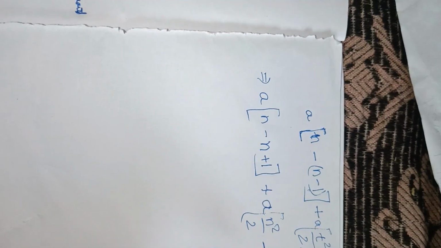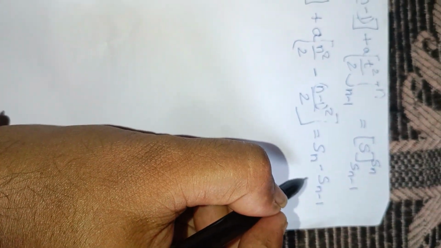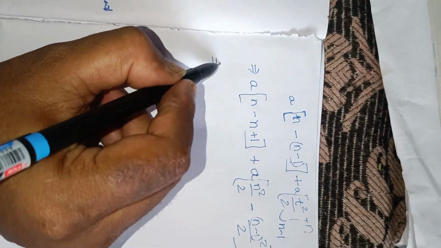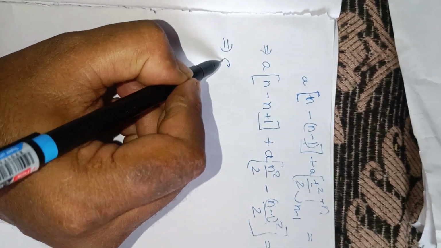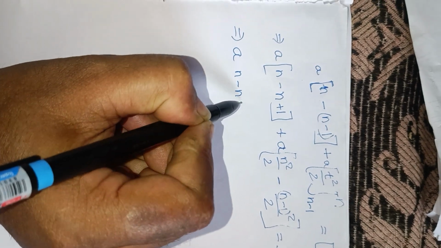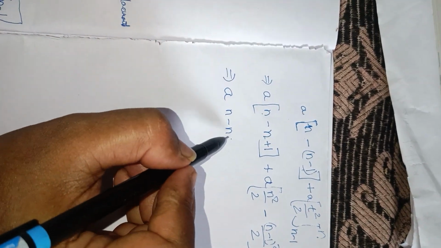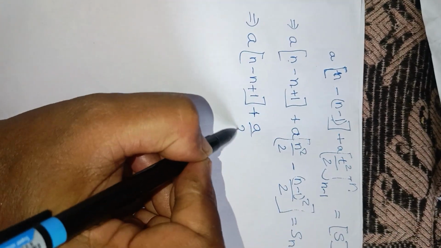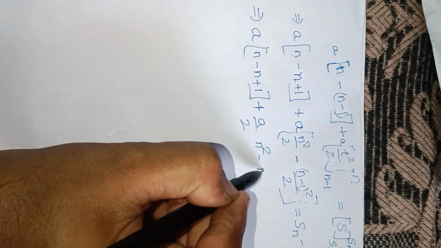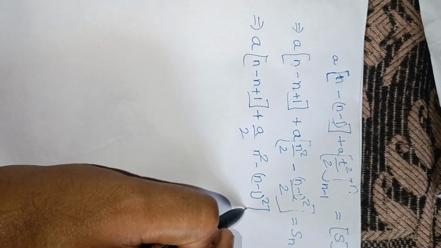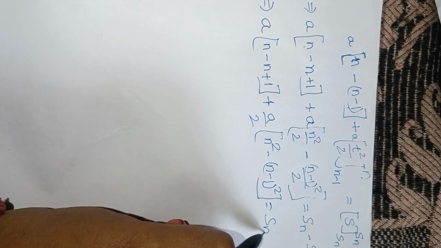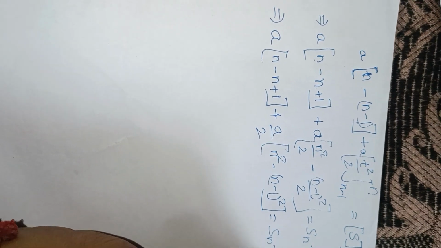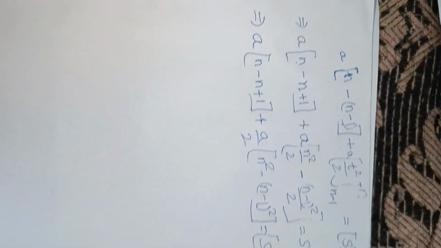Next, we can take the 2 out and write it here as s n minus 1. So we can also write, just simplifying, u times n minus n plus 1, n minus n means 0 only, that will conclude in the next part, plus a by 2 times n square minus n minus 1 the whole square, is equal to s n minus 1. I hope you will be understanding very clearly.